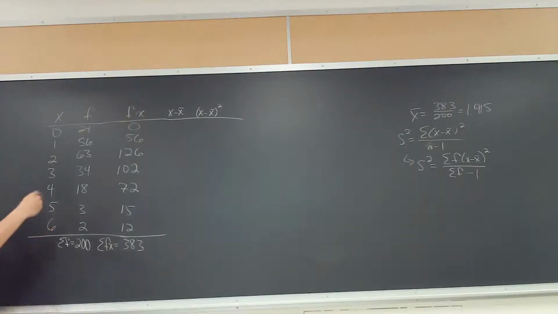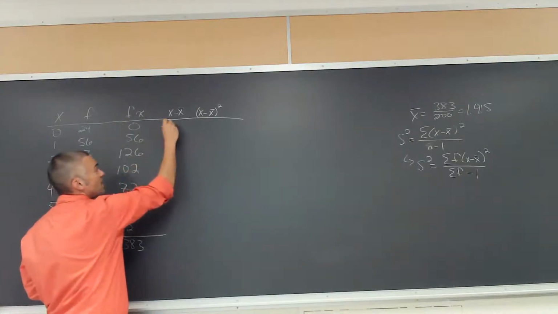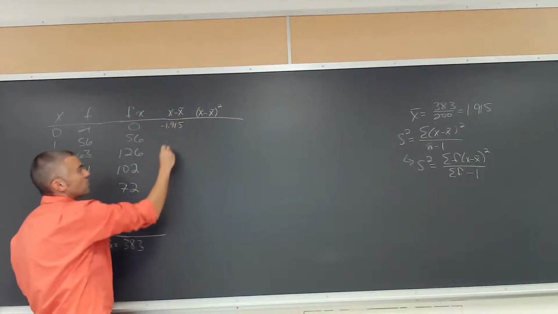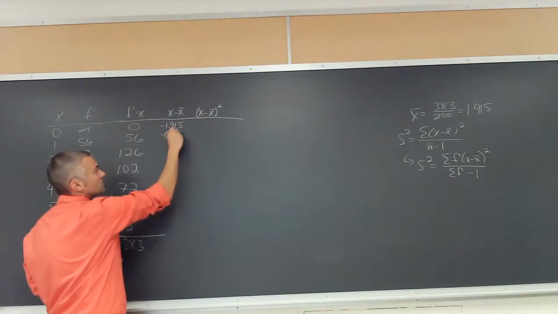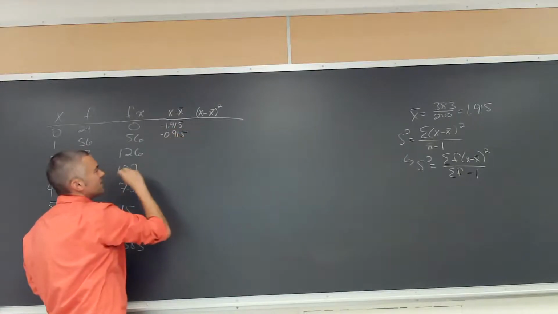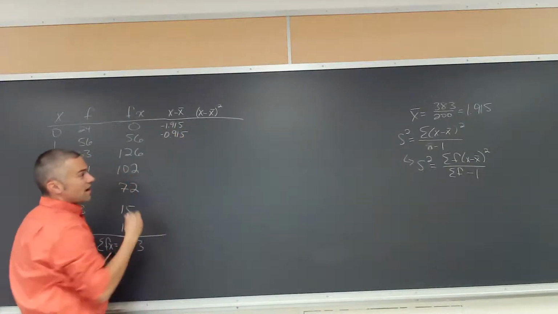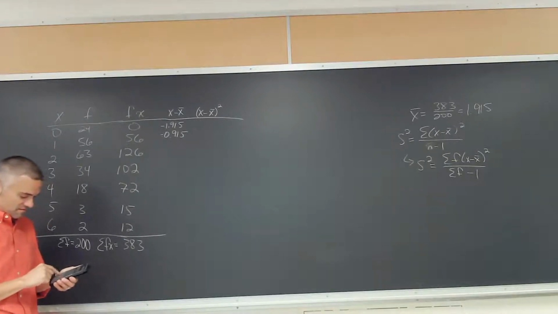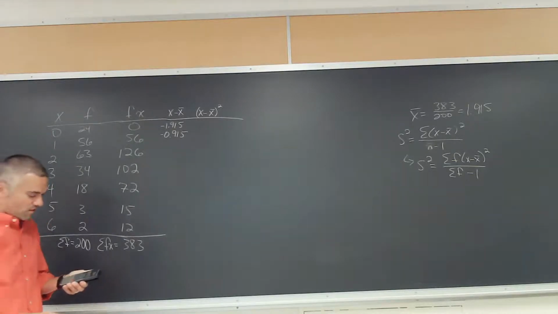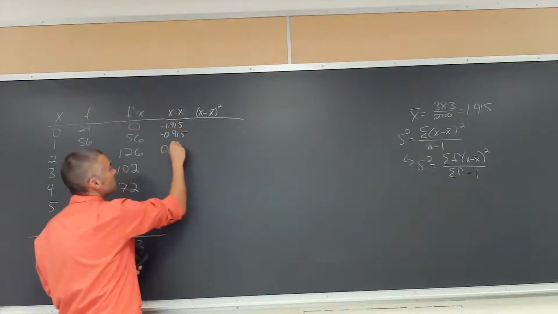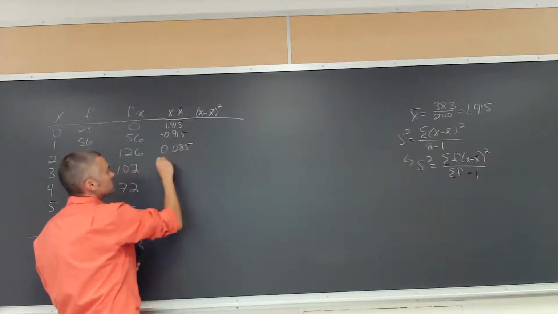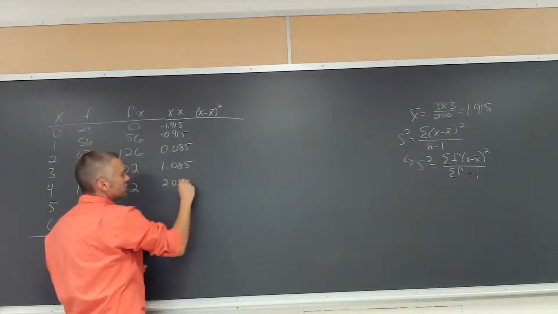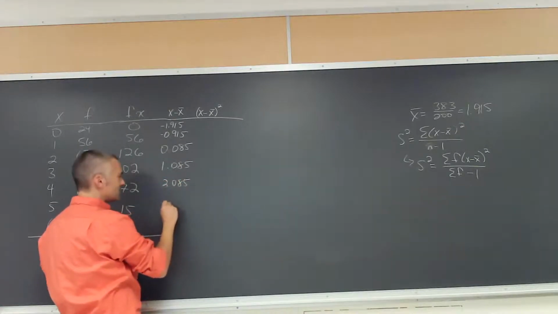So we do 0 minus our average, we get minus 1.915, and then 1 minus that, so we have minus 0.915. And then we have 2 minus 1.915, 0.085, and then it's 1.085, 2.085. There's a pattern here.